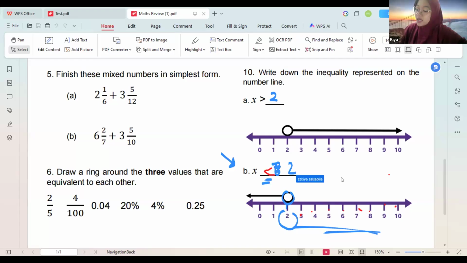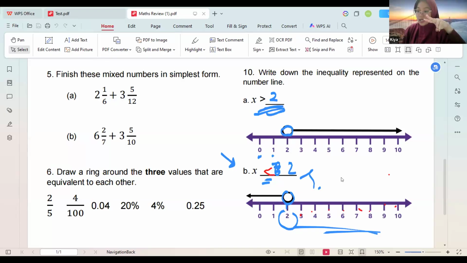Yeah, correct. And the 2 here in option A is not because you count 1, 2, but because the circle here appears on the 2. So for the inequality you need to use number 2.